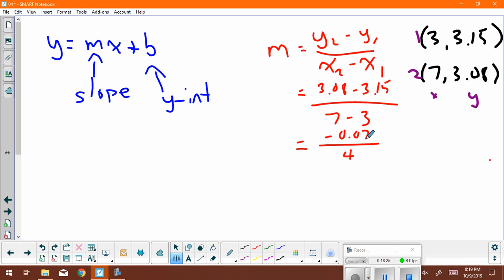So we take that and divide by 4. Negative 0.0175. Okay, so very gradual improvement here. We've got a slope. So we can put that into the equation: negative 0.0175.